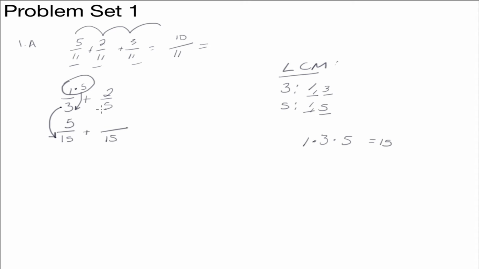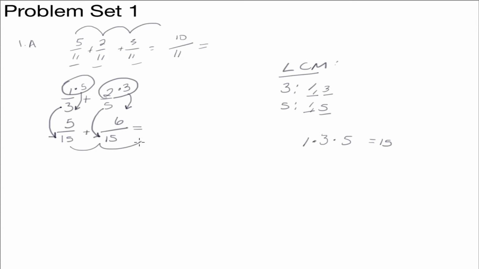So we start again. 5 times what is 15? And of course, you know that it's 3. We'll take that 3 and multiply it by our old numerator to get our new numerator. 2 times 3 is 6. Now we can add these fractions together, because in order to add or subtract fractions, you must have a common denominator.